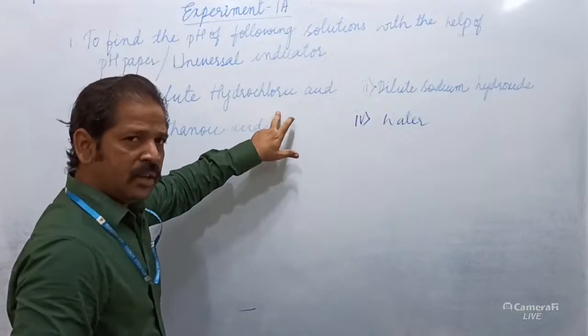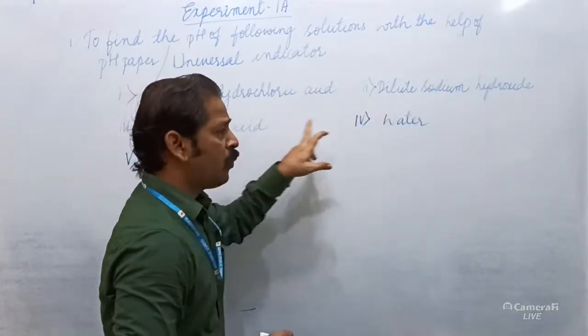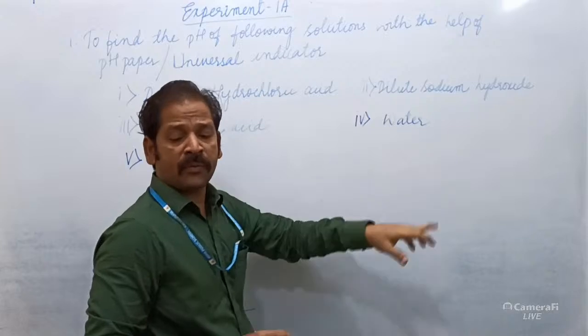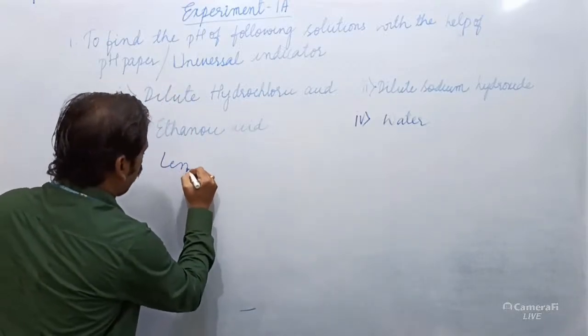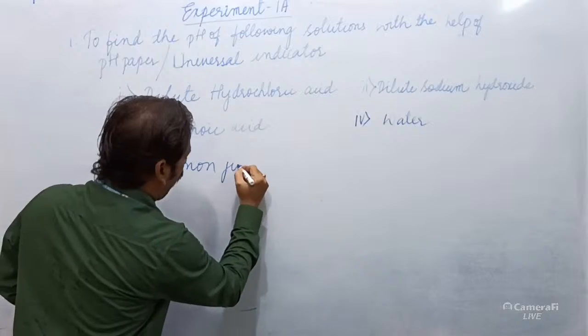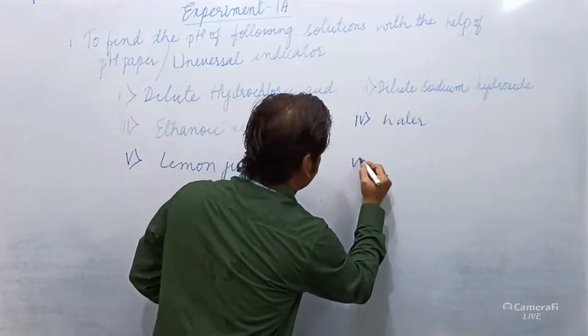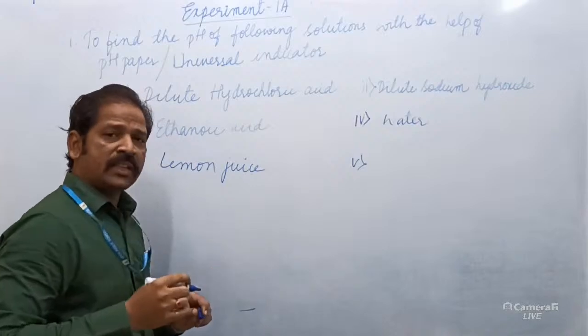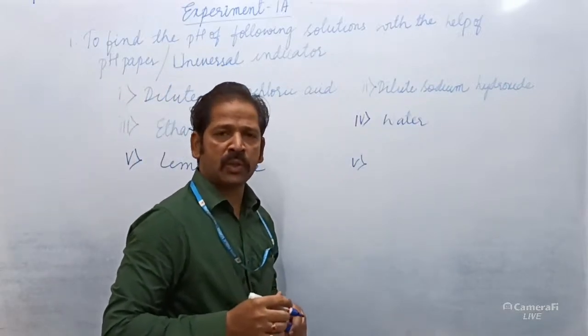Dilute hydrochloric acid, dilute sodium hydroxide, third one is ethanoic acid, fourth is water, the fifth chemical is lemon juice, the sixth chemical is sodium bicarbonate solution.